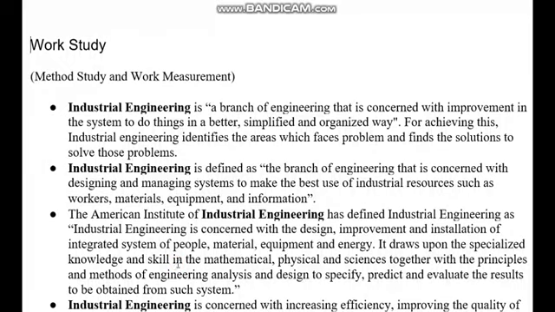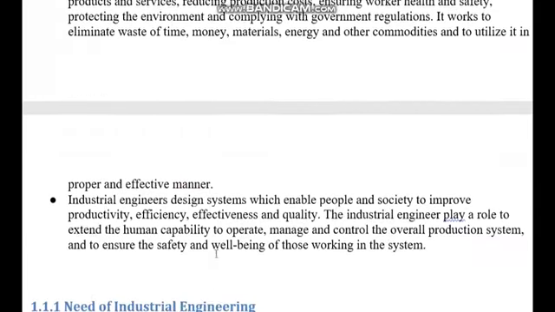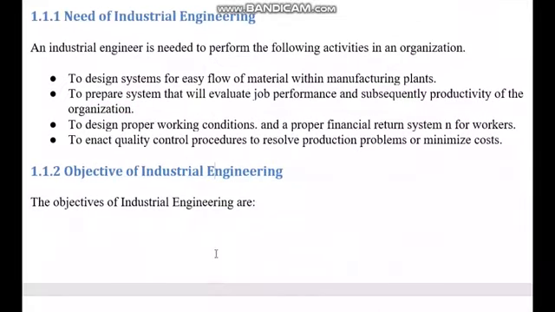There are many definitions here, so I don't think we should be going through all of them. Two definitions are enough. Next, let us come to the need of industrial engineering. An industrial engineer is needed to perform the following activities in an organization. If you are working as an industrial engineer in a factory, what are you expected to do?